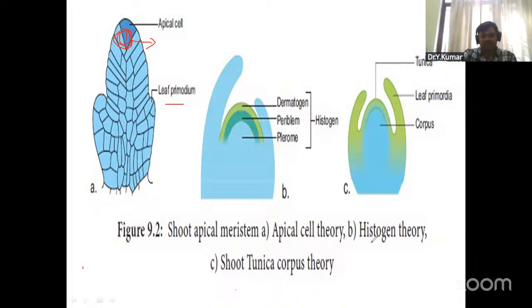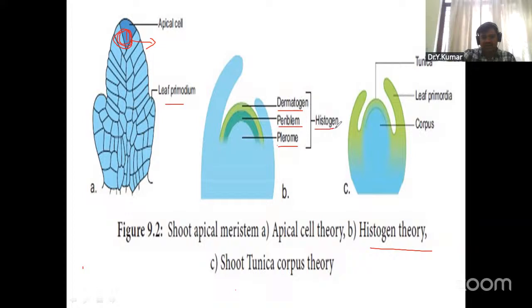And next one, histogen theory. The group of cells is actually classified into three regions: outermost dermatogen, middle periblem, and plerome.